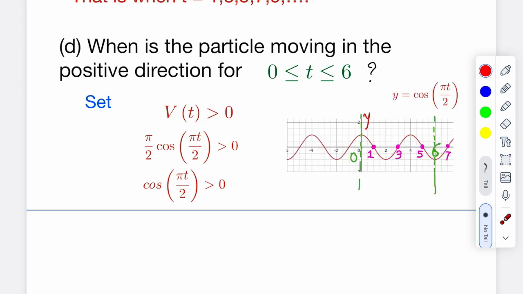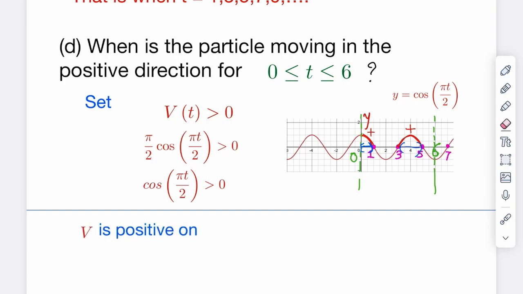Let's take a look at the graph for cosine of pi t over 2. You see that the function value is going to be positive here and here. The corresponding t will be from 0 to 1 and 3 to 5. So we can conclude that velocity is positive on 0 to 1 and also 3 to 5. Here we'll include 0 because when time t equals 0, velocity is positive.